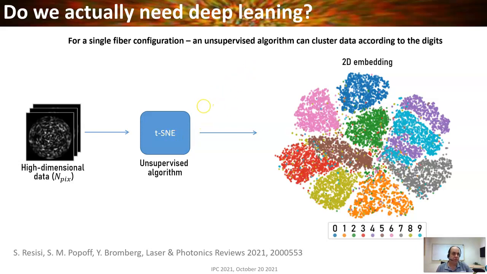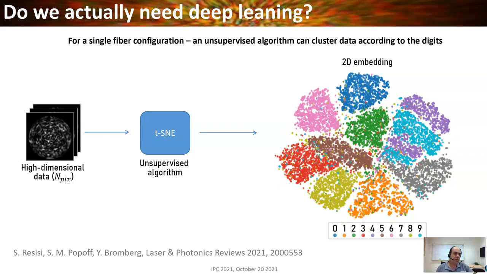For a single fiber configuration, the 2D embedding of 15,000 speckle patterns mostly divides the speckle patterns according to the class of the digit that was displayed on the fiber, namely 0 to 9. These are the 10 clusters we see here.